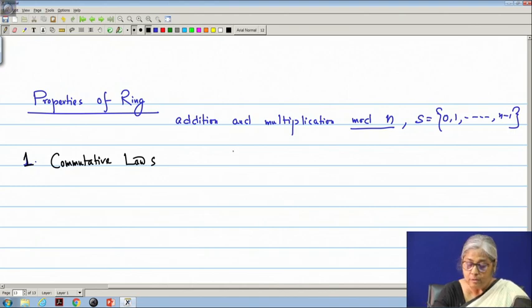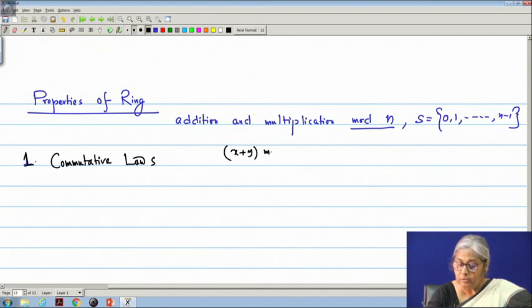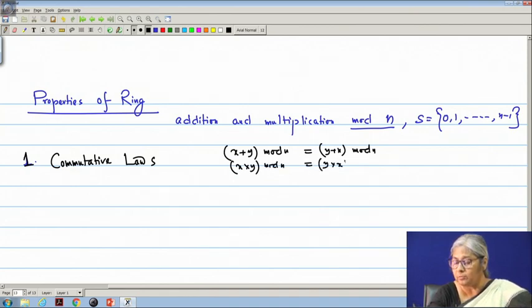We know that x plus y modulo n is y plus x modulo n, and the same thing for multiplication, x into y mod n is y into x mod n.